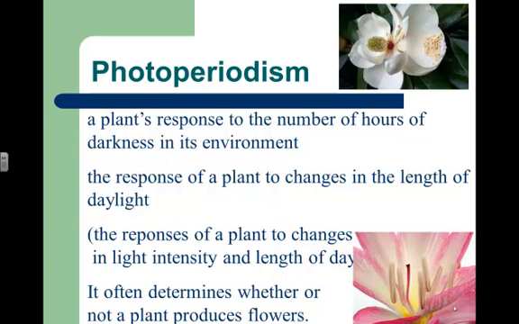It's a plant's response to the number of hours of darkness or the number of hours of light, daylight. And it's that intensity and that length of day that's going to affect, usually, the blooming, the producing of the flowers.